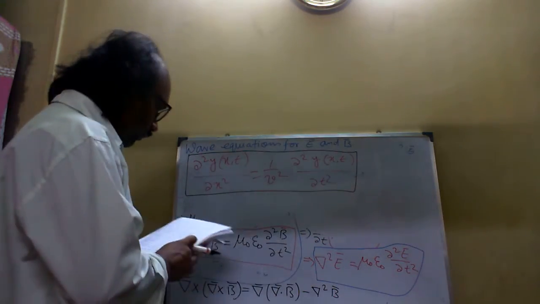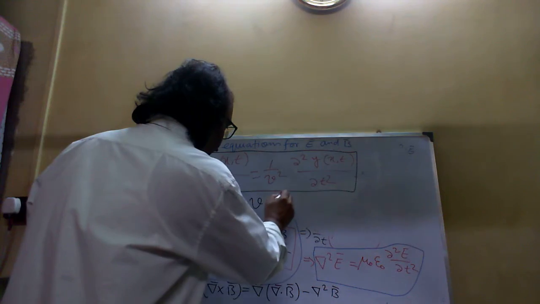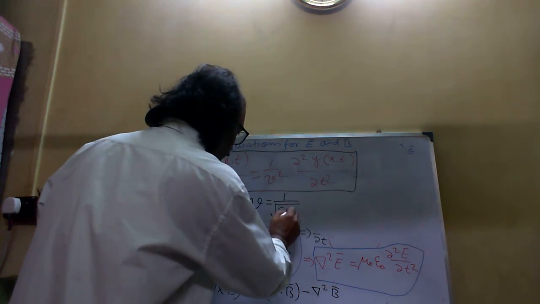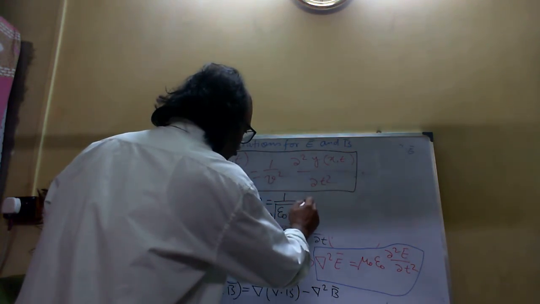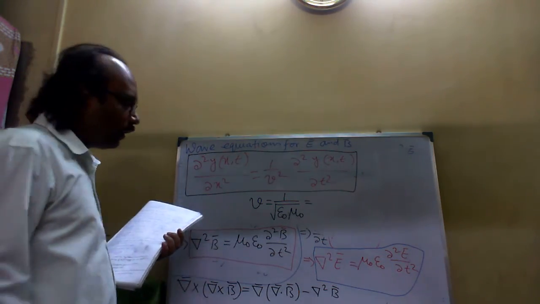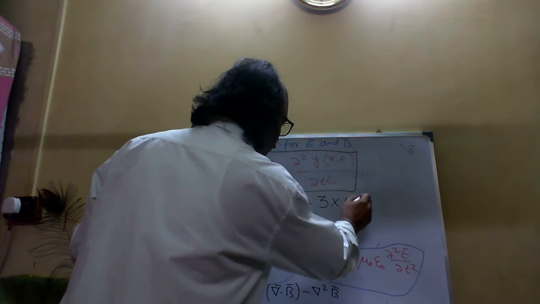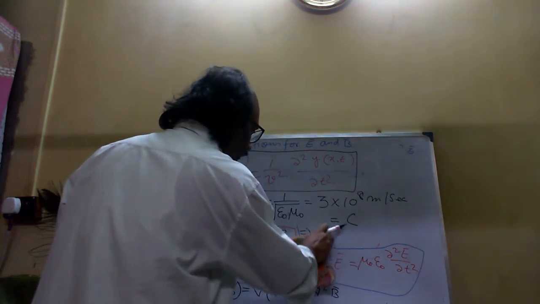If I put v equal to square root of 1 by epsilon naught mu naught and insert the values of epsilon naught and mu naught, I will get 3 into 10 to the power 8 meter per second, which is basically the velocity of light.